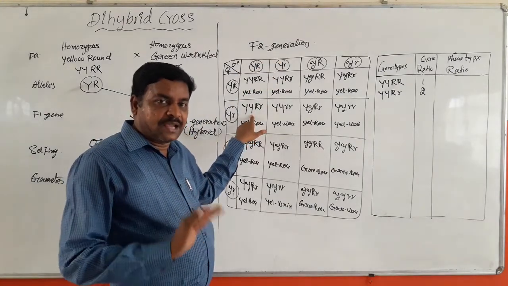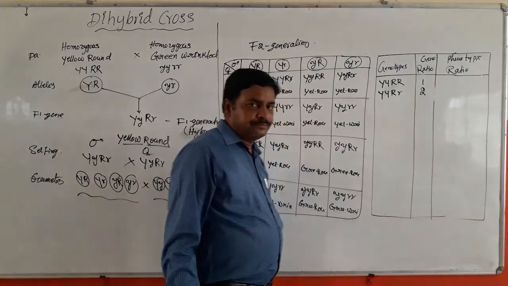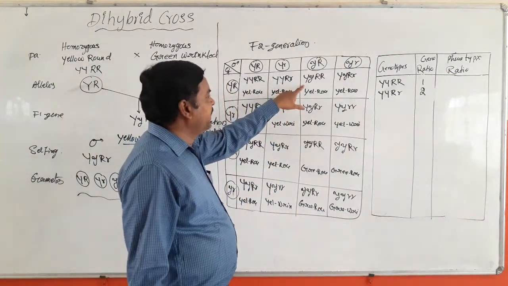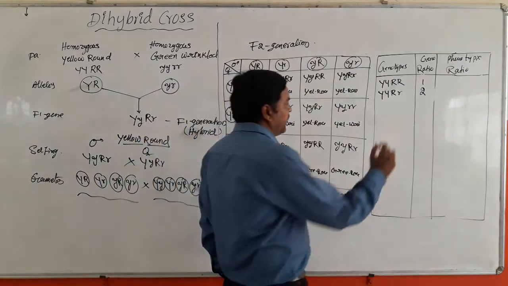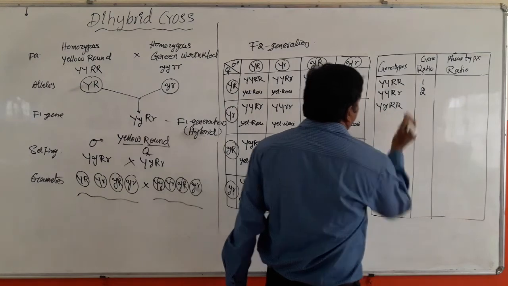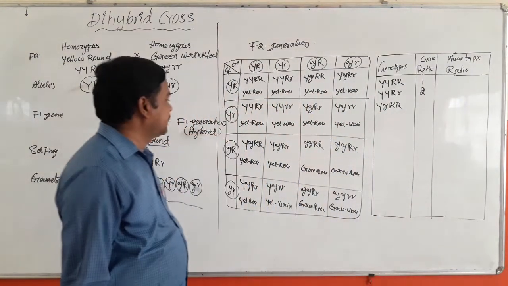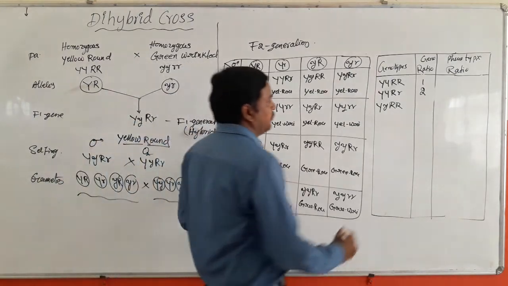So capital Y capital R small r, there are two. That is two. Okay, but how many capital Y capital R genotypes are there? That is only one. Only one. Okay.